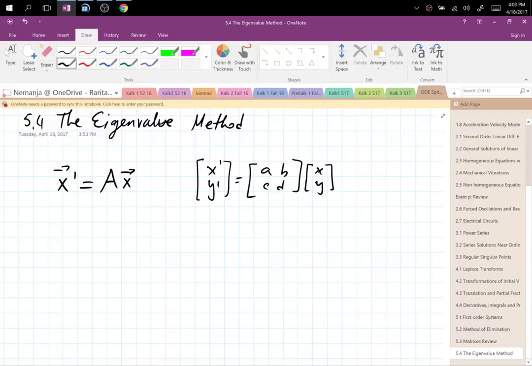So this could be a 3 by 3 system for A, could be 4 by 4, 5 by 5, or whatever higher order.